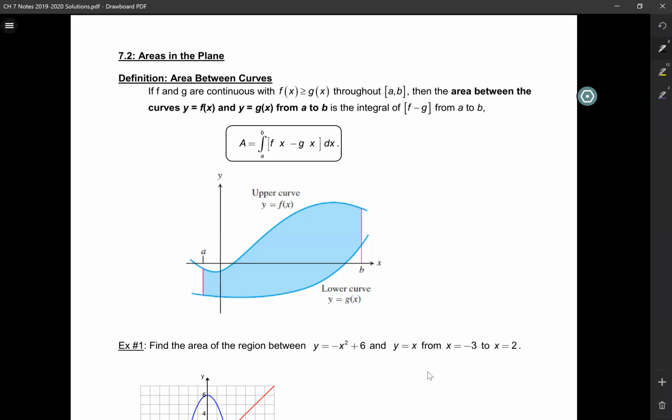All right, so suppose you have two functions, f of x and g of x, and take a look at what it says here. It says f of x is greater than or equal to g of x throughout [a, b]. What does it mean that f of x is greater than g of x? That means f of x just sits higher or above g of x.